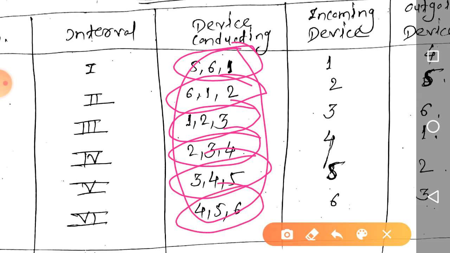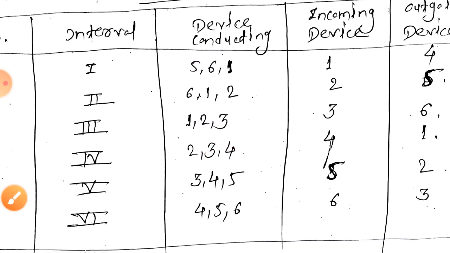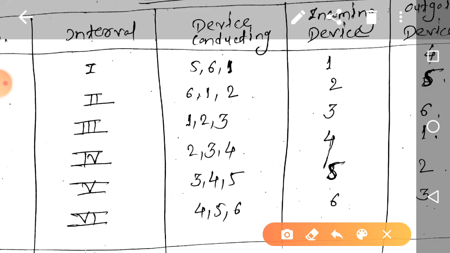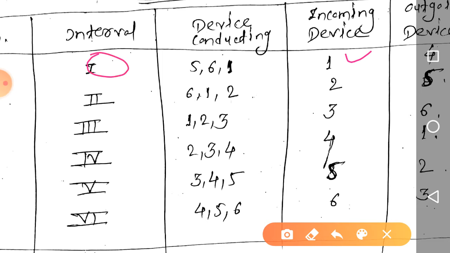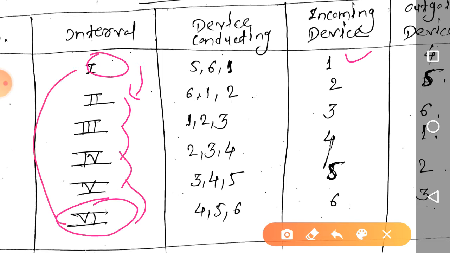Next, here are the incoming devices and the outgoing devices. Before the starting of this interval, which interval was there? That is the sixth interval. So the operation goes: after the first, the second interval; after the second, the third; after the third, the fourth; then the fifth, then the sixth, and after the sixth again the first interval.